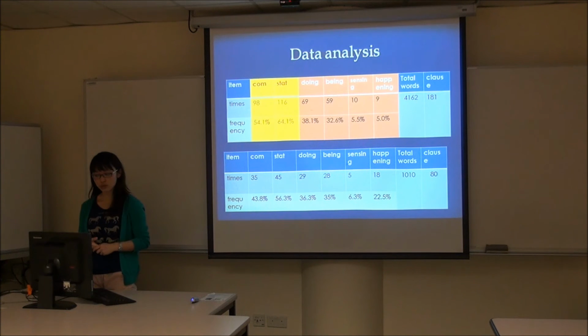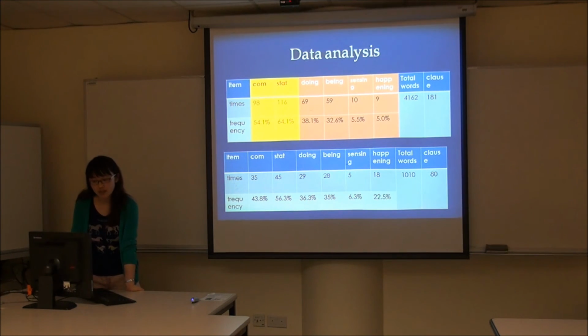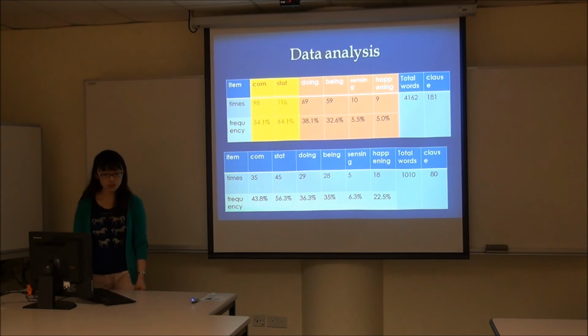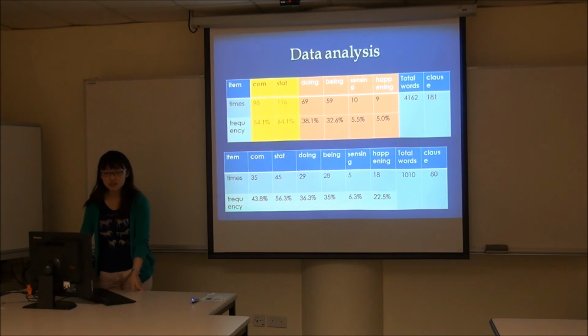counted the total words, the clauses, and how many times the command and the statement appeared in my text, and how many times doing, being, sensing, and happening take place in all of these 11 texts. You can see very clearly from these colored parts that command and statement appear much more frequently in this text.